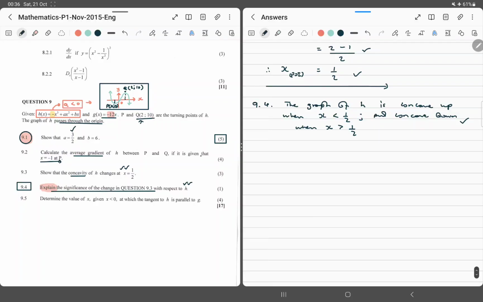But this makes sense, especially with these two expressions. They are very important.